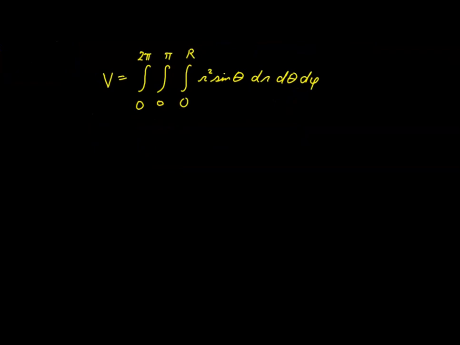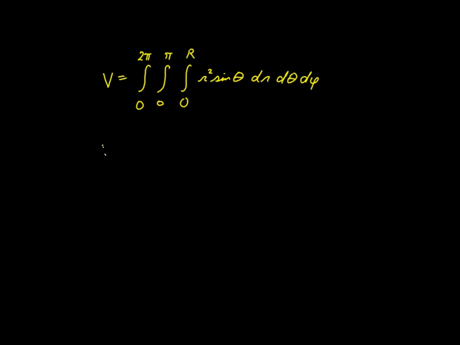Okay, now the first integration is going to be with respect to r, but before we do that, any factors that do not depend upon r can be treated as constants and can be moved outside the integration here. Likewise, any factors that don't depend on r or theta can be moved all the way out of the second integral as well.